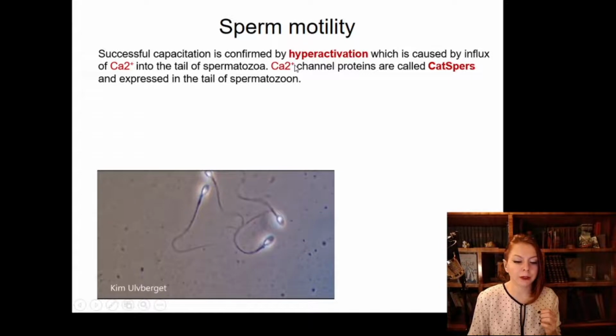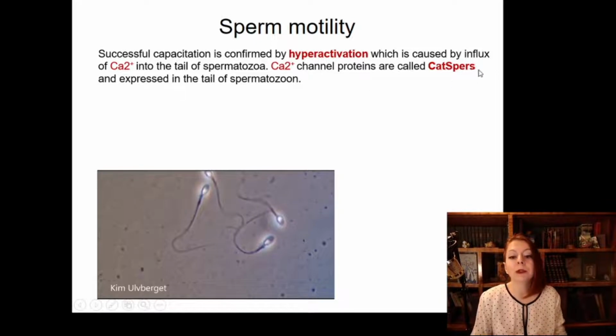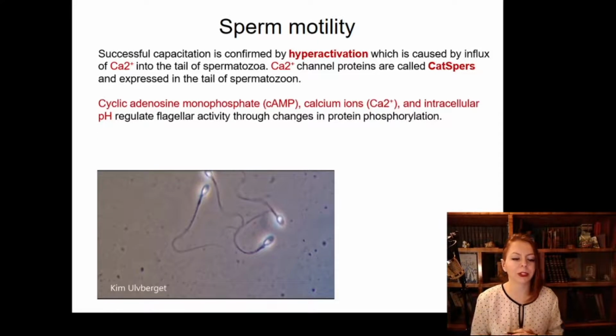The calcium channels that increase the intracellular concentration are located in the membrane of the tail of the spermatozoon, and those proteins are called CatSpers, cationic channels of the spermatozoon. So, the channels for calcium. Mutations in those proteins result in infertility problems because spermatozoa are not active enough to reach the oocyte.